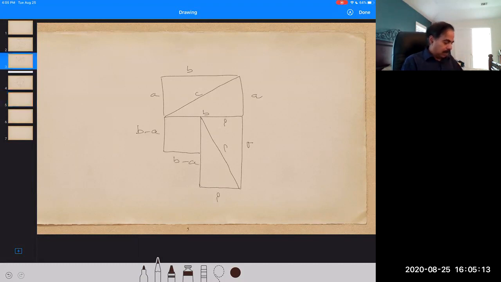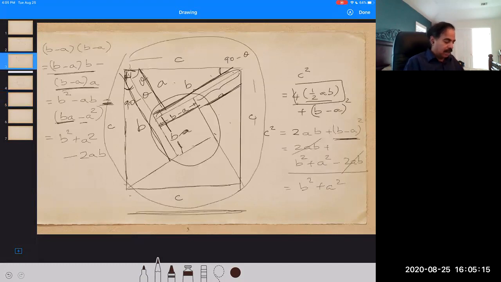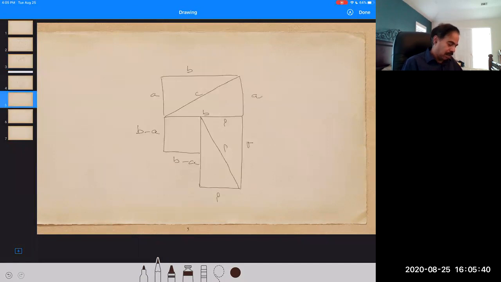So we have taken this picture and taken two triangles, put them into a rectangle, taken the other two triangles, made them into a rectangle, and then we made the two rectangles into an L shape. And then in the middle of that L shape, we stuck this B minus A square. So this is the rearrangement we have done. Hopefully that's clear.